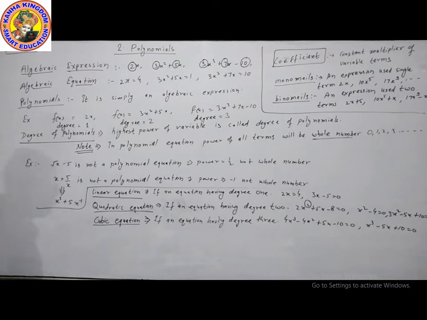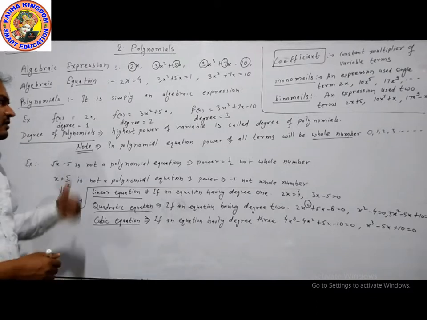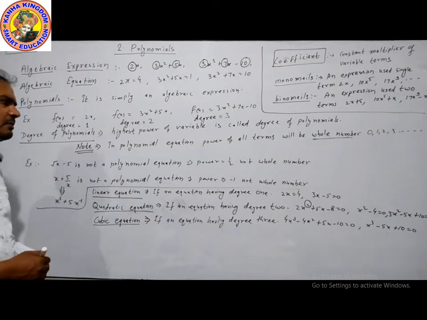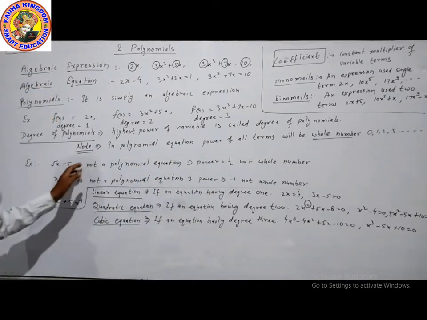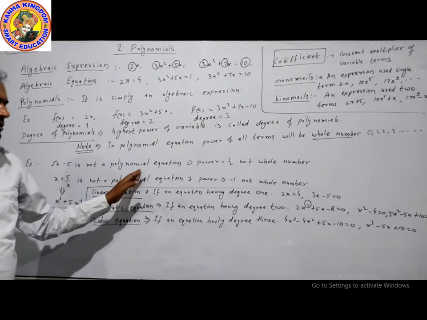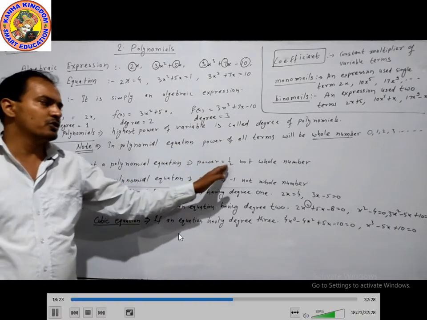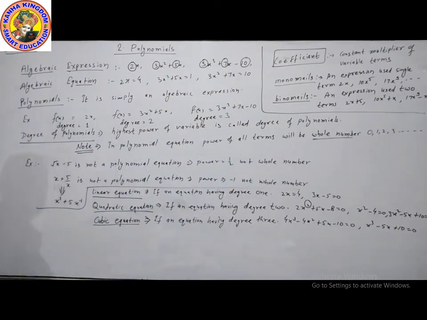If we can't write power in whole number, this is not our polynomial equation. For example, root x minus 5, the root is our power, the power is half. So this is not our polynomial equation because power is not a whole number.